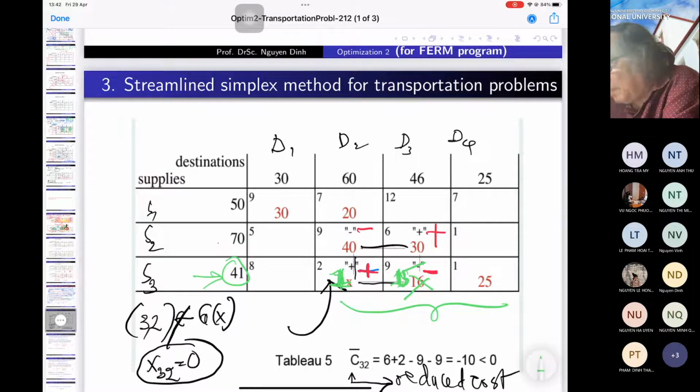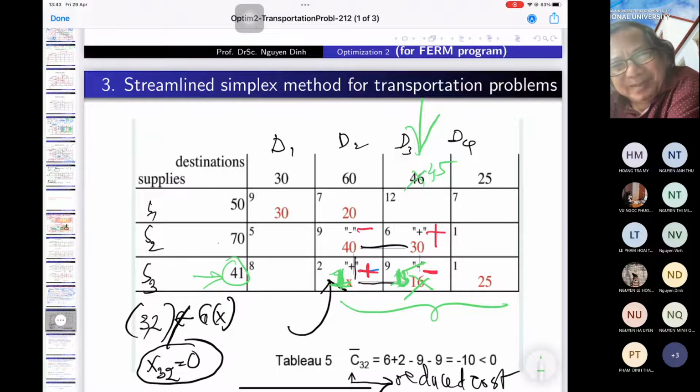But if you look at the D3, you see before you reduce 1, it's 30, and then plus 16, and then it is 46. Is that okay? It is 46, but now you reduce 1, and it is only 45.